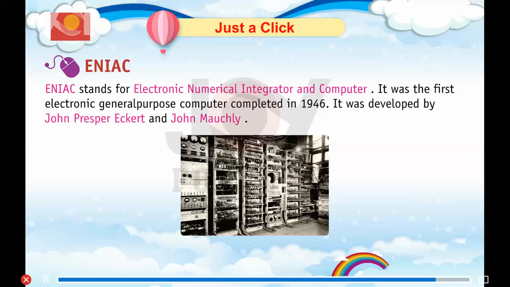ENIAC. ENIAC stands for Electronic Numerical Integrator and Computer. It was the first electronic general-purpose computer completed in 1946.